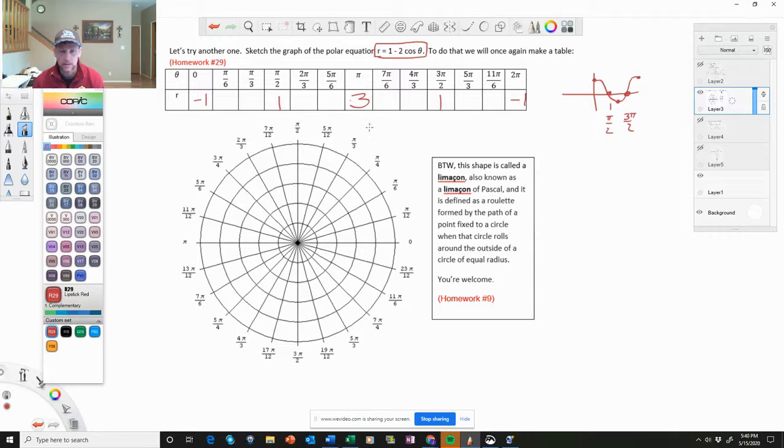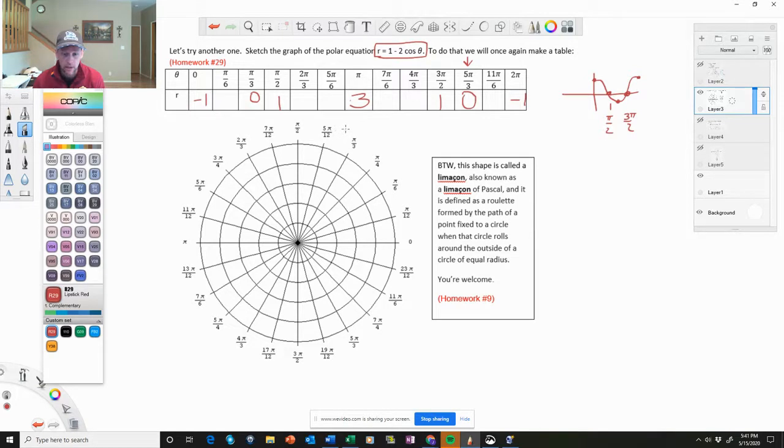And is there anything else that's easy? Oh, yeah. Where's the cosine of half? At pi over 3, the cosine is a half. So 1 minus 2 times a half, well, that's just going to give me 0. Where else is a cosine of half? Right over here. And so that also is going to be 0. Are there any other easy ones that we could do?